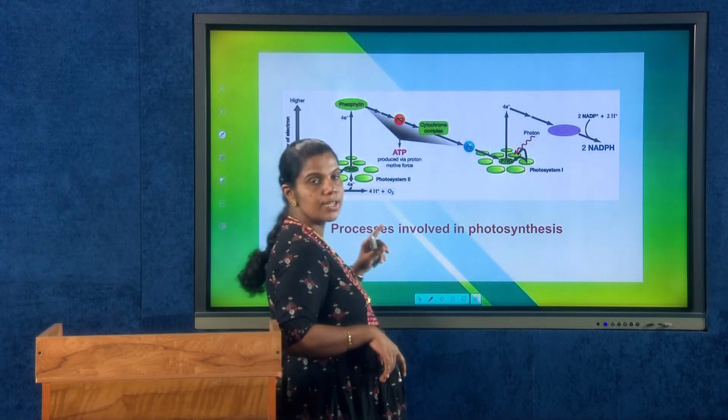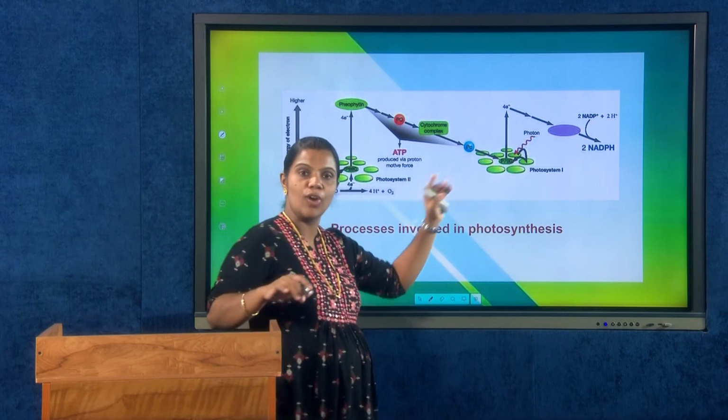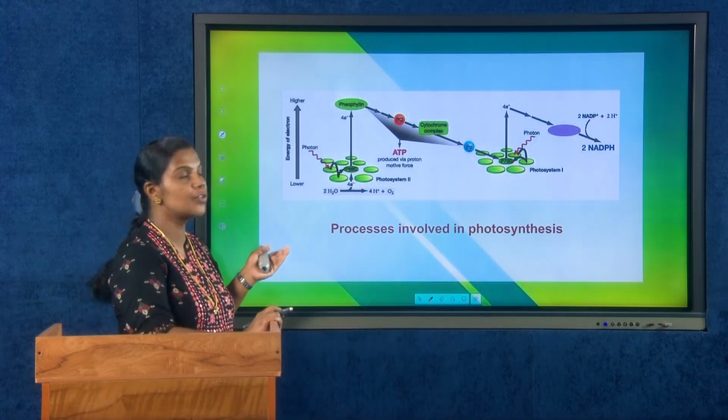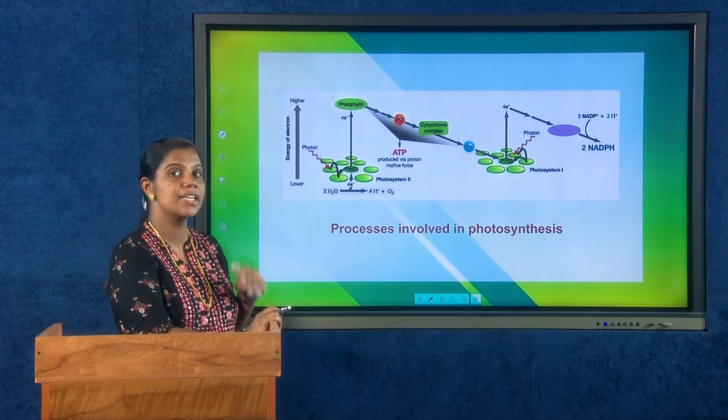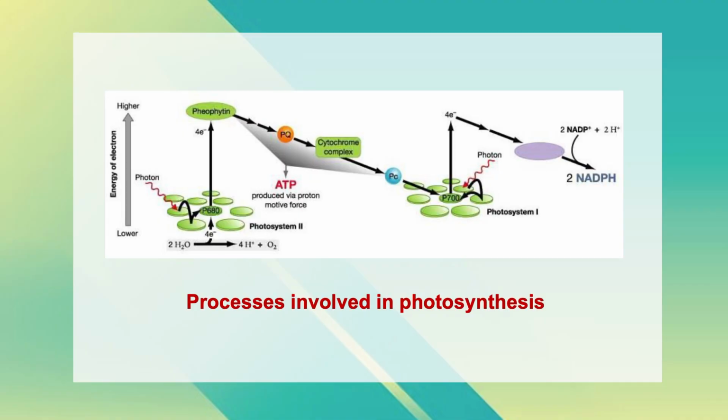In cyclic photophosphorylation, there is only this part, the photosystem 1 part, and in the non-cyclic photophosphorylation, which is present in higher plants, both photosystems, photosystem 1 and photosystem 2, work together. We will learn it in detail in the next lecture.